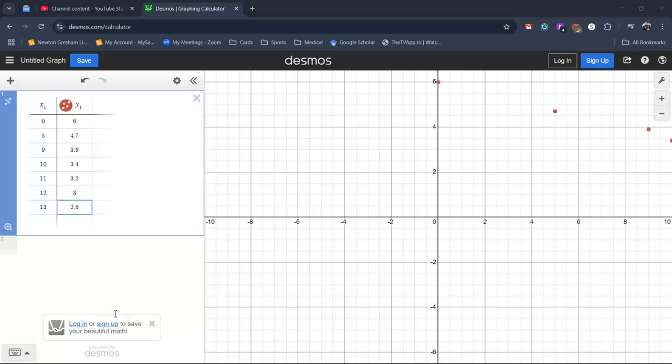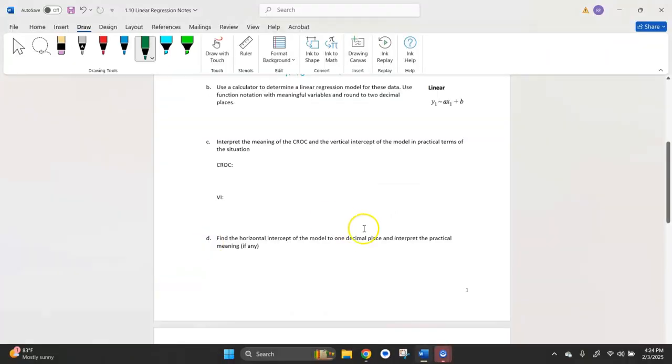Okay, with our data in Desmos, you'll notice on the note sheet that you have this linear statement that says y1 ≈ ax1 + b. This is the notation that Desmos uses to create a linear regression.